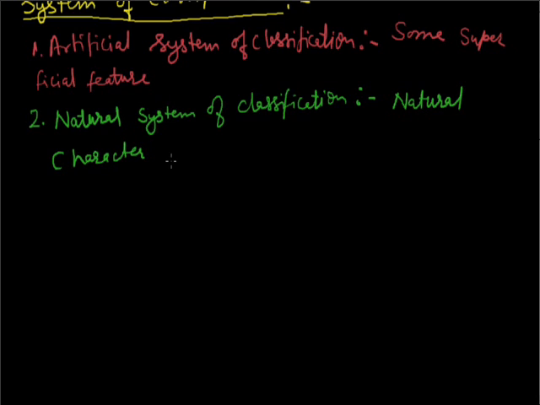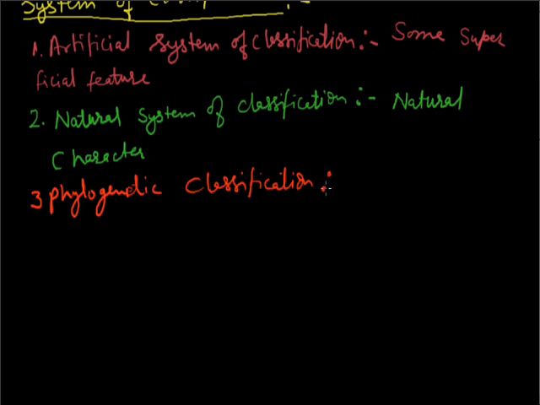So this type of classification is known as natural classification, and the third one we call the phylogenetic classification. This classification is based on the evolutionary sequence and genetic relationship of the living beings.